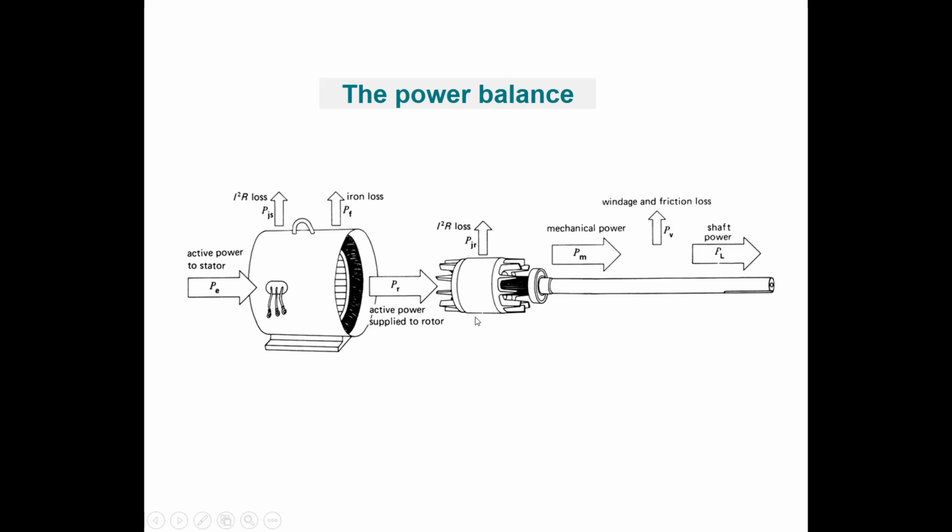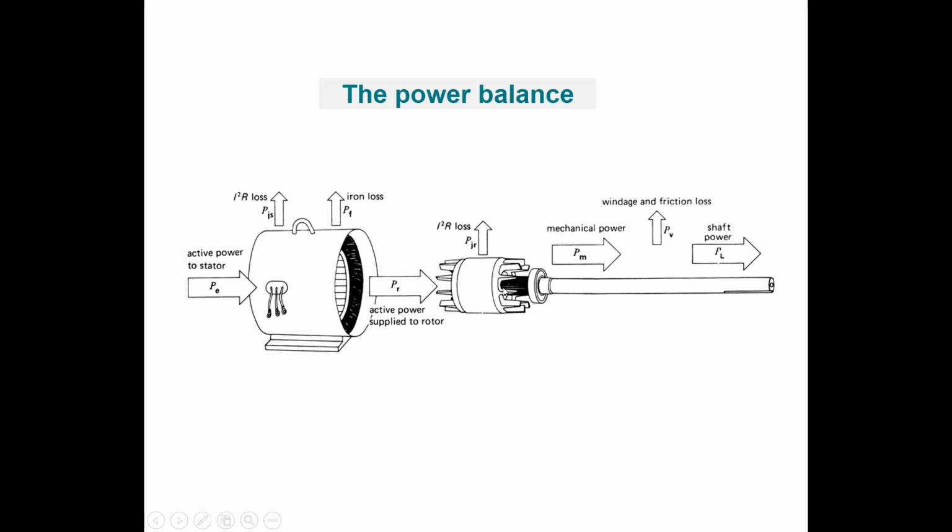But the coils in the rotor are also made of copper or brass, something which can conduct electricity, so we have I2R losses in the rotor too. These losses are proportional to the slip. The slip is the difference between the speed of the rotating field in the stator and the speed of the rotor, divided by the speed of the rotating field in the stator.